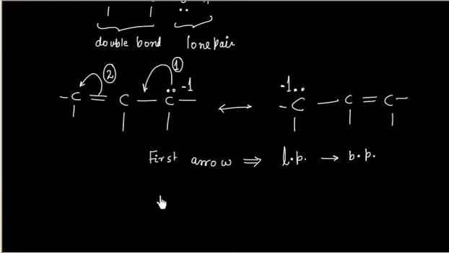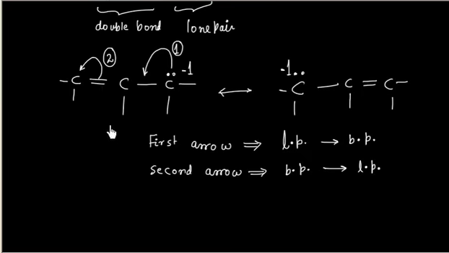Now if you see the second arrow, this converts a bond pair into a lone pair. So whenever we have this kind of pattern, that is a double bond adjacent to a lone pair, we have to follow these two arrows. First arrow lone pair to bond pair, second arrow bond pair to lone pair.